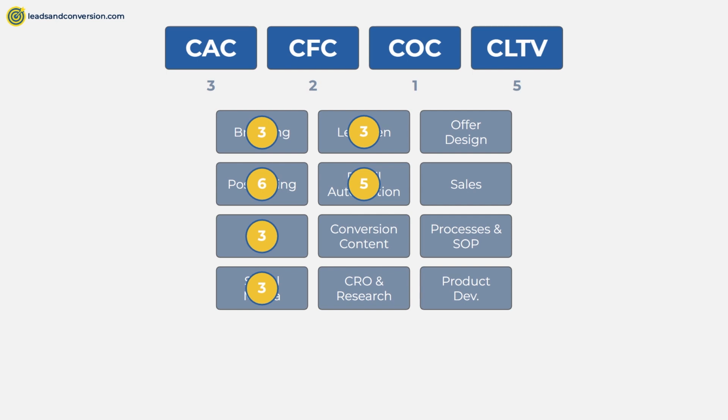And then we have conversion content. Now, conversion content, you can see it as sales enablement content, and it is one of the core services we offer. Basically, we interview salespeople and we make videos and blog posts that they can use to talk to the customers in a way that can be automated, so they do not have to do it themselves all the time.